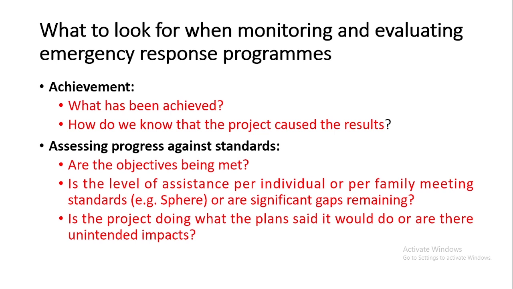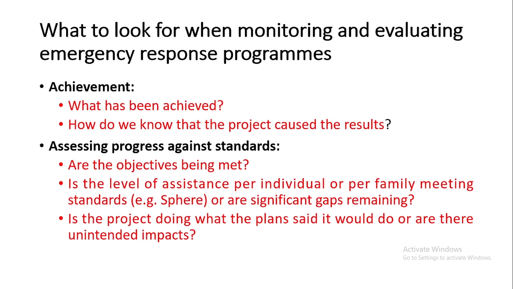We're assessing progress against standards. Were the objectives met for this project? Is the level of assistance per individual family meeting the standards? If there are gaps, is the project doing what the plan said or intended? Is the project achieving the plans that were intended for it?